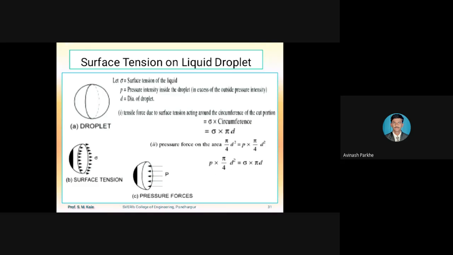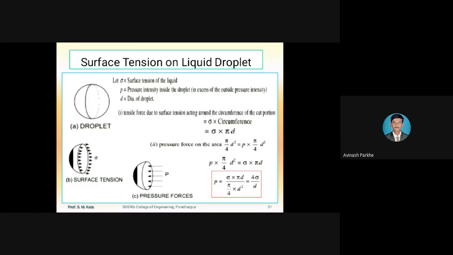For equilibrium, the tensile force and the pressure force will be the same. So if I equate equation 1 and equation 2, the tensile force and pressure force acting on the same liquid droplet, then P into pi by 4 d square is equal to sigma into pi d. Here pi will get cancelled, and one d will get cancelled, and I get the value of pressure intensity P. So P will be equal to 4 sigma upon d.